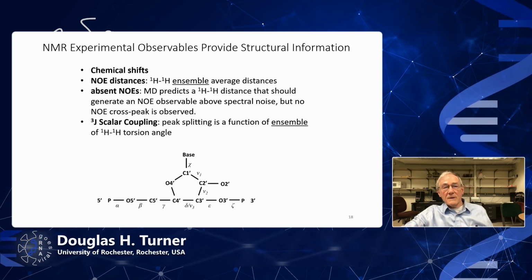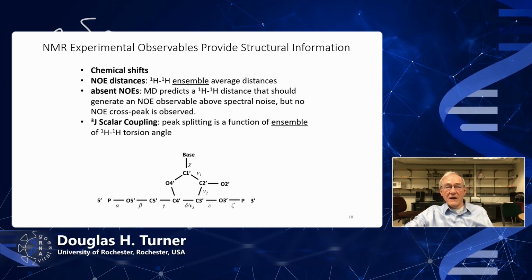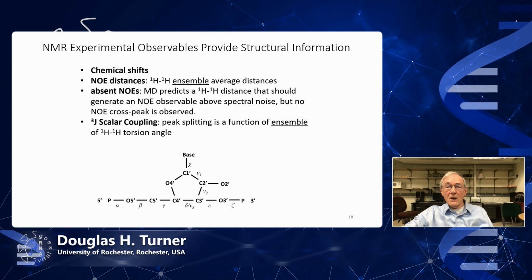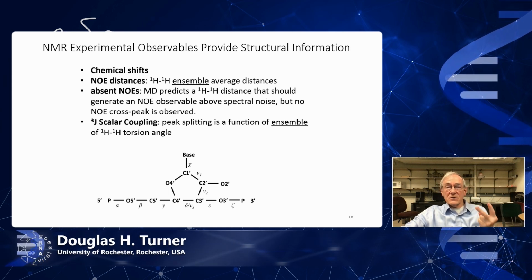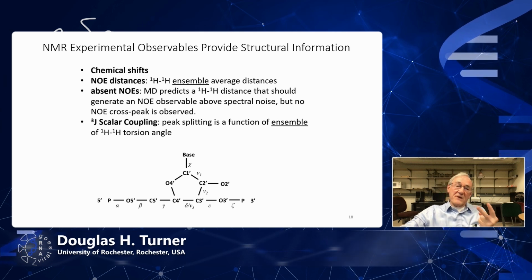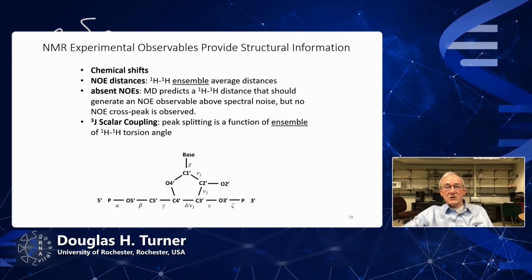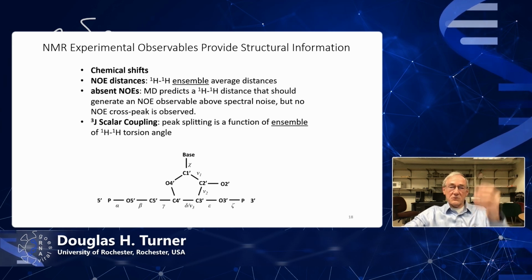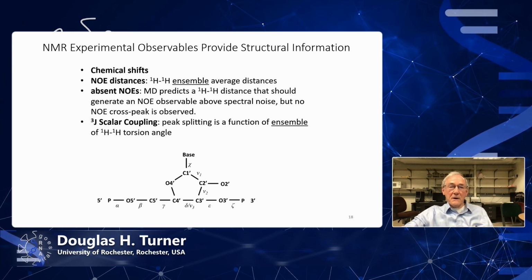And also what we call absent NOEs. That is, those molecular dynamics simulations will sometimes predict short distances between 2 protons. And if that's true, then they should generate a nuclear Overhauser effect mountain. I'll show you a plot.